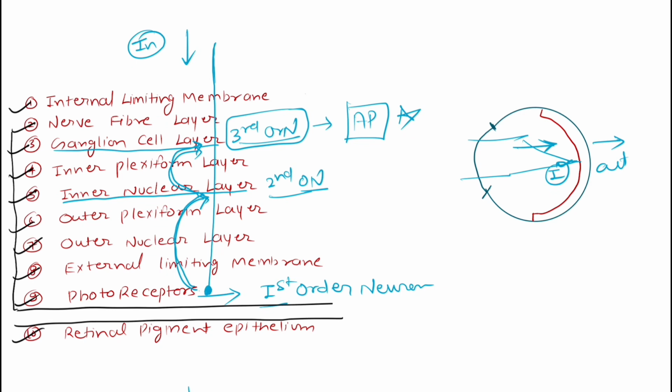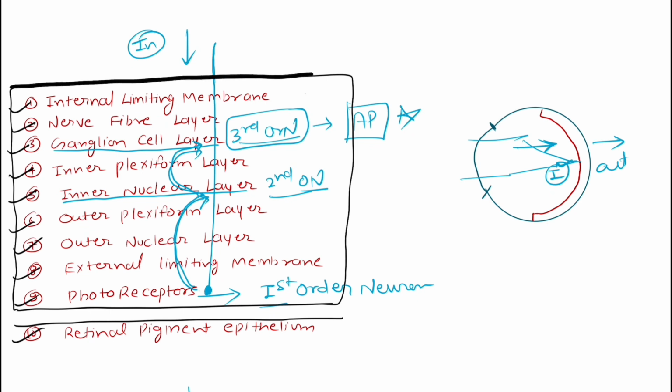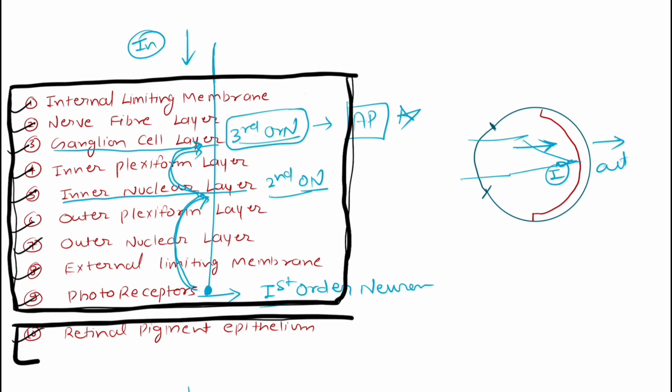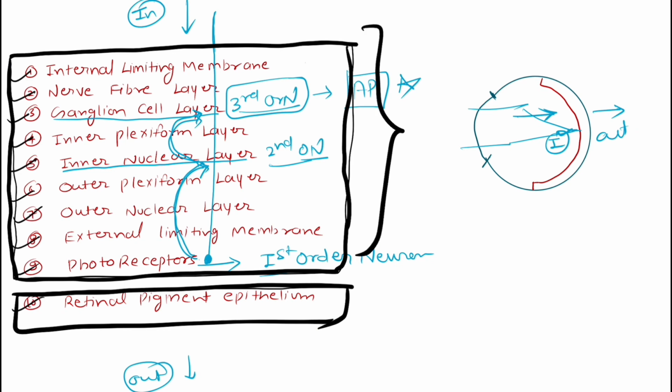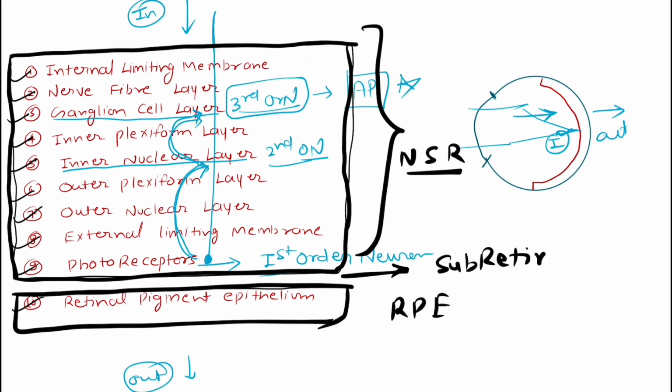The above nine layers work together and are considered together, and from the 10th layer they are different. These nine layers all together are known as the neurosensory retina. And this is your RPE, retinal pigment epithelium, and in between there is a gap. This gap is known as the subretinal space.